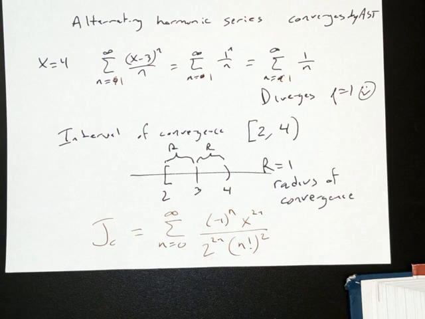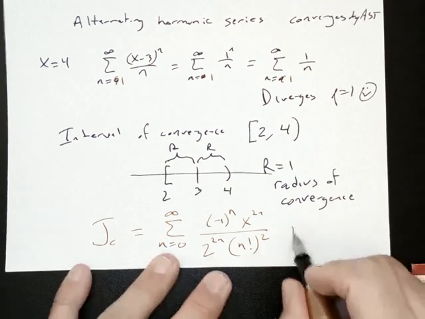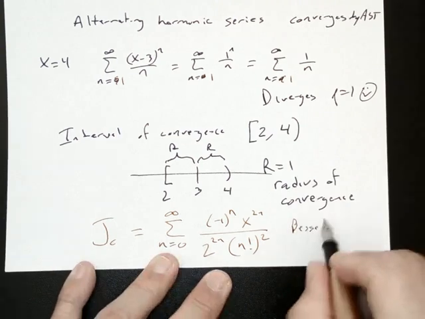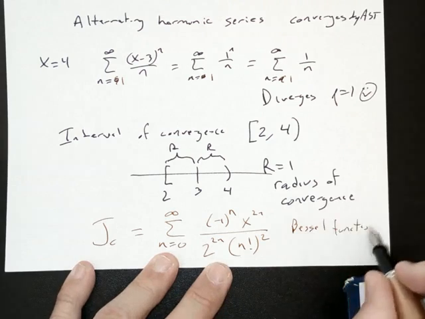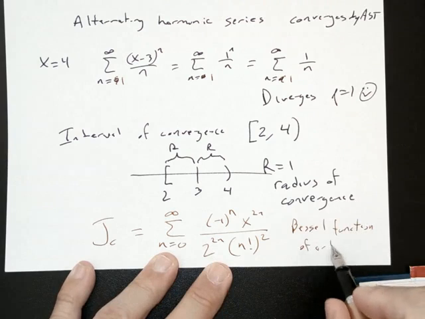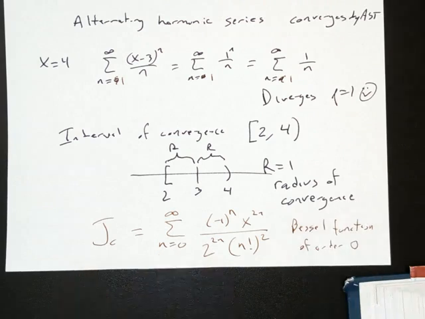But this is called the Bessel function of order 0. And what it represents as a power series is a vibration.